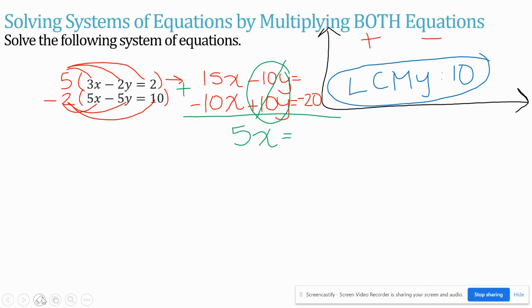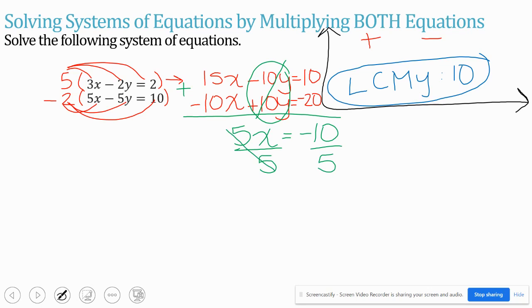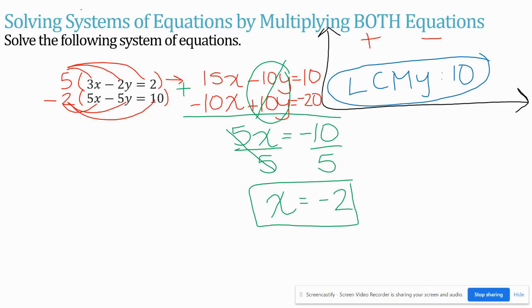So it's good to check your answers as you go. So that was my fault. I'm sorry. Okay, so now we have 10 plus negative 20, and that gives us negative 10. Divide by 5 here, and we get x is equal to -2. So be very careful. Do not make the same mistake that I made, the one that I warned everybody about. Make sure you distribute to everything.